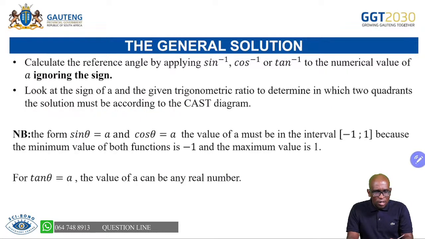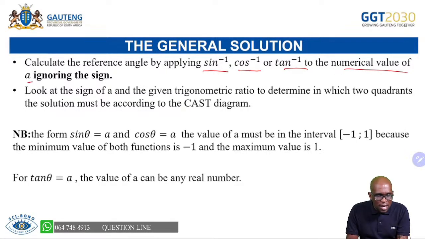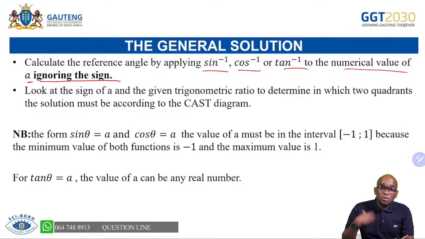Now, we calculate the angle by applying the arc sine, the arc cosine, and the arc tangent of the numerical value of A, ignoring the sign. I think we spoke about that in the previous slide.